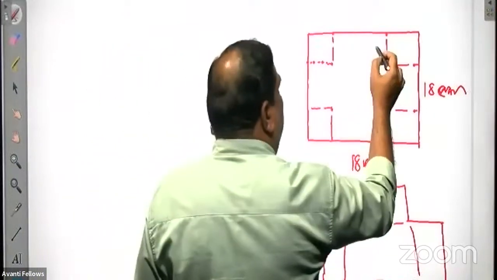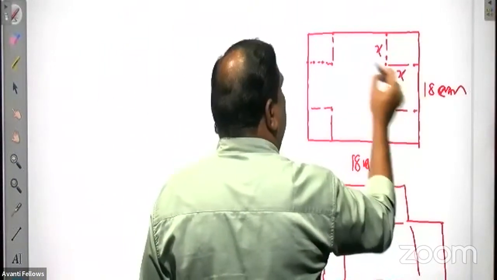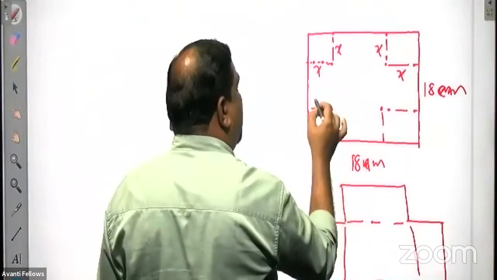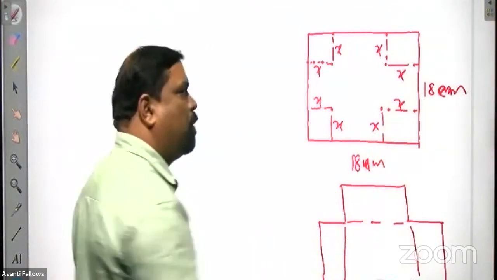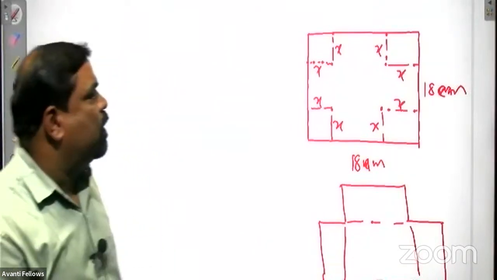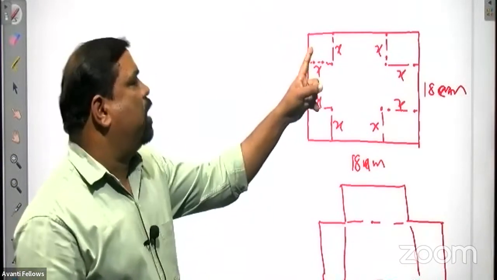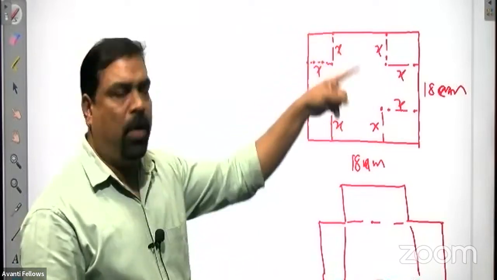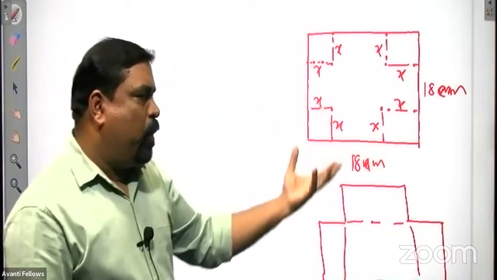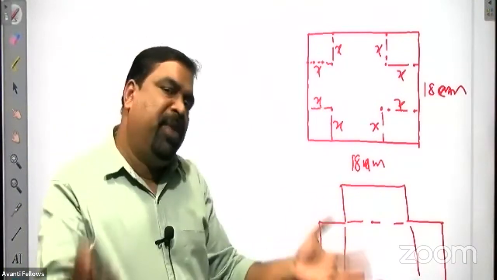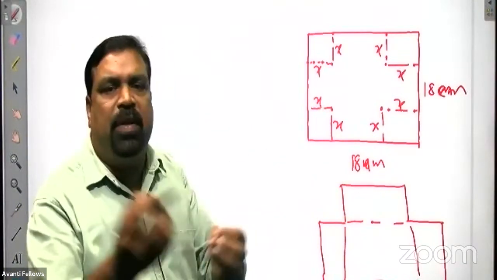So draw the figure like this, and suppose we have to cut a square of size x centimeter from each corner. Everything depends upon the square that is to be cut off from each corner. If I tell you to make a box, different people will make different boxes by cutting different square pieces.